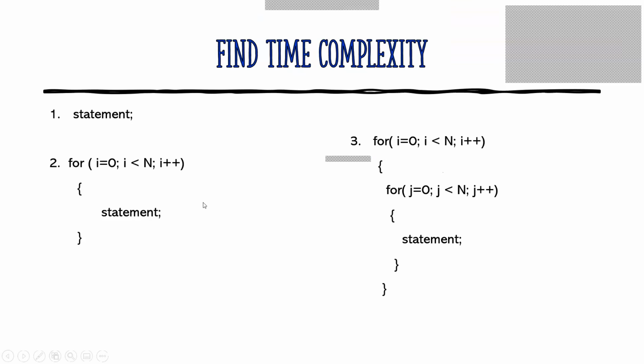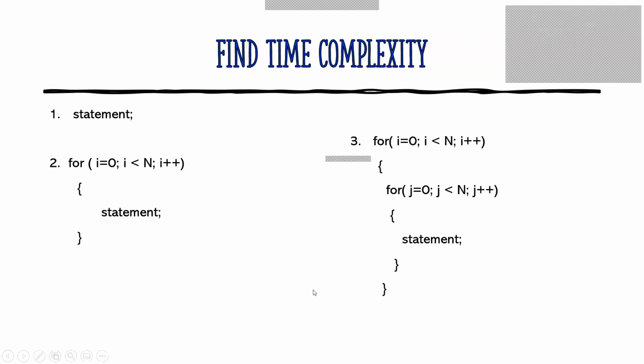Ma'am, is there a possibility of a square? Yes. Then 3n square plus 4n plus 1. Others? What's your answer again? Ma'am, 3n square plus 4n plus 1. Okay, if your answer is 3n square plus 4n plus 1, then what will be the big O notation for this?